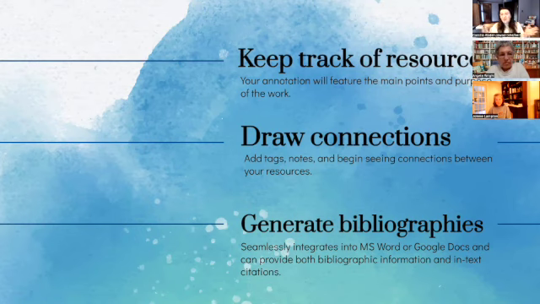Here are my favorite things about Zotero. The first one is it helps keep track of resources. Once you start getting into research projects where you're using 5, 10, 15, 20 plus sources, it can be a lot to keep track of, right? How do you organize all of your resources?